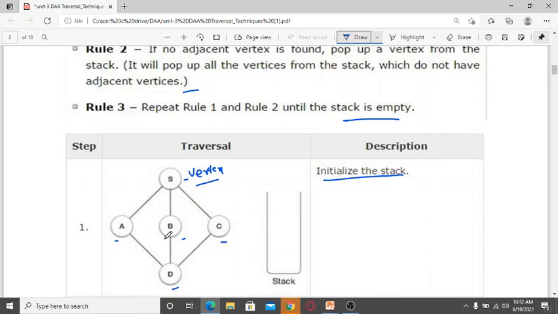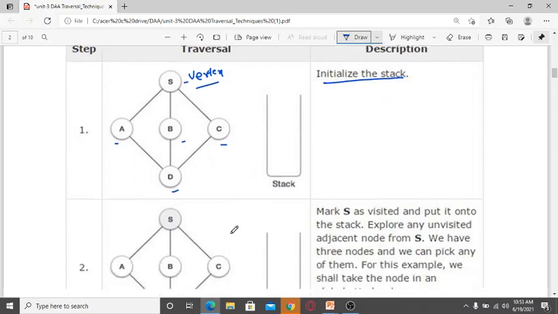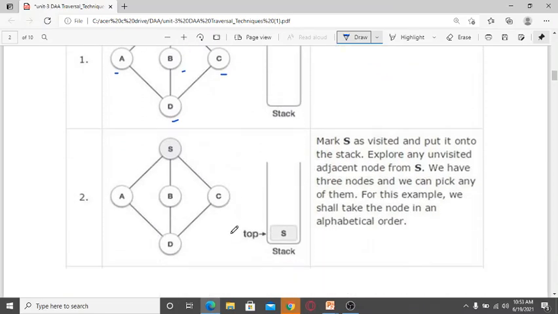So first we initialize the stack. Second, I am at S now, so I mark S as visited and put it onto the stack.